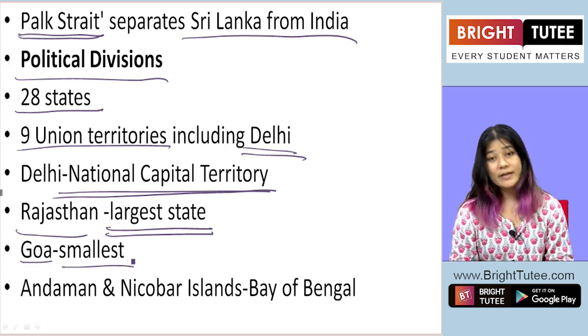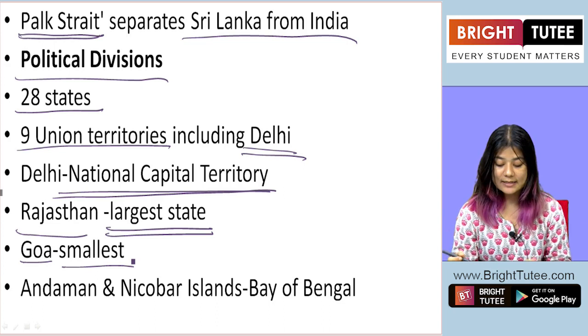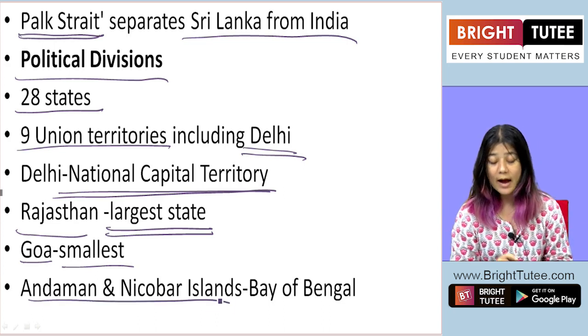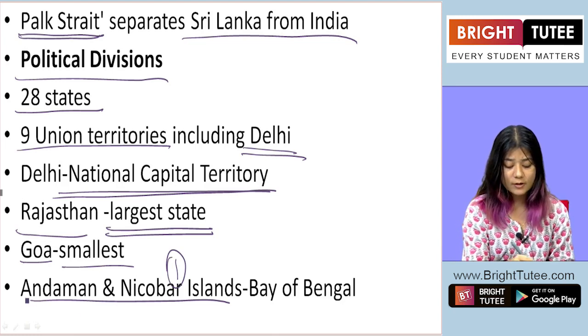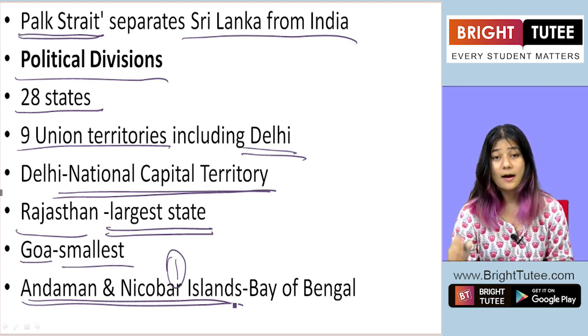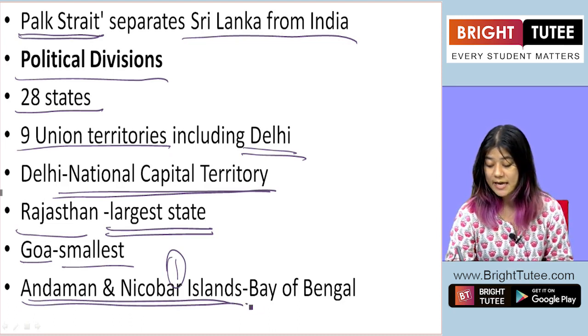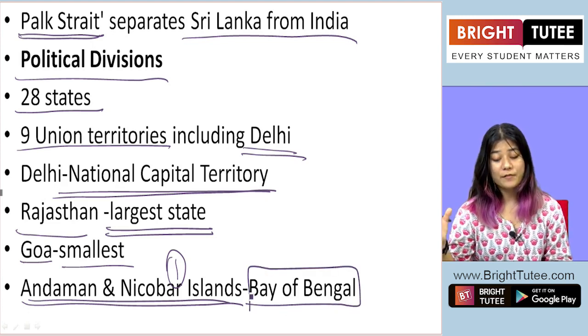Now, India also has islands. One group of islands is called the Andaman and Nicobar Islands, which are located in the Bay of Bengal, on the eastern side of India.